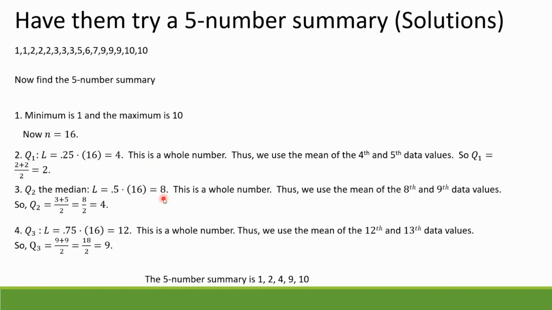So counting from the bottom, for the 8th data value, you have 1, 2, 3, 4, 5, 6, 7, 8, and 9. So it's 3 and 5. I know it's listed here, but I just wanted to show you how you get the 8th and 9th data values. You add them up, divide by 2, you get 8 over 2, which is 4.